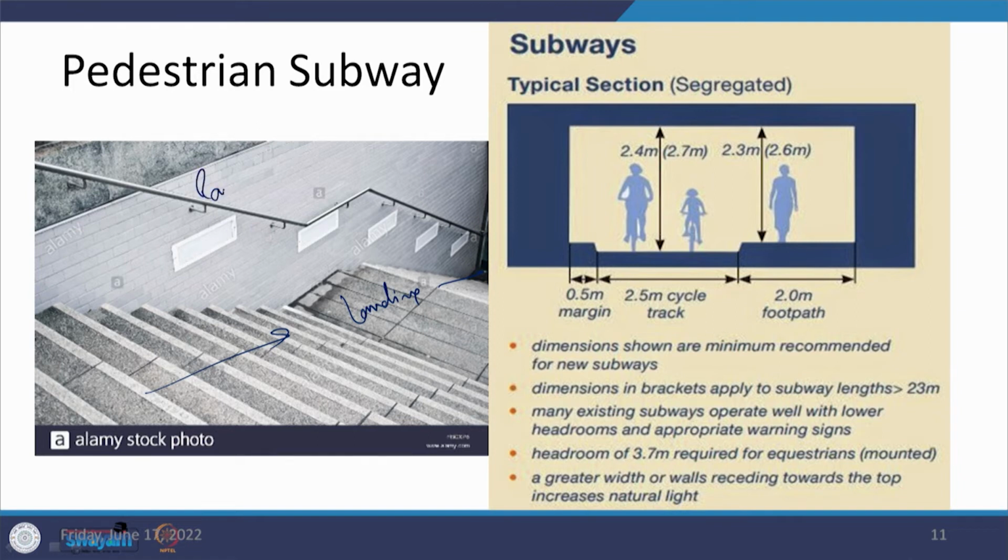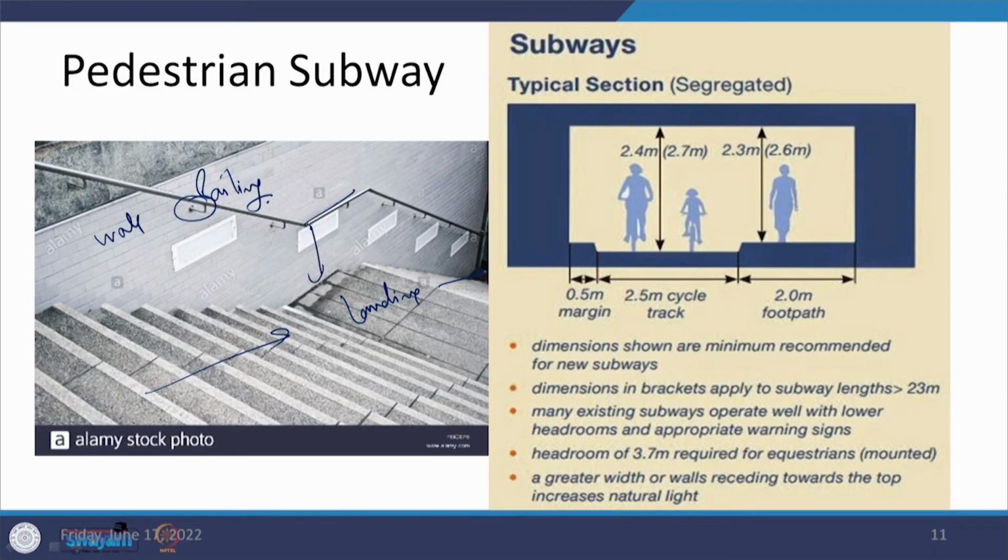There are railings on this side on the wall. They are being placed at a distance away from the wall, and depending on what is the geometrical feature which is being provided with respect to the stairs, they are also being aligned. So, they are at a specific height from this surface. So, all of these things we are also going to look at.